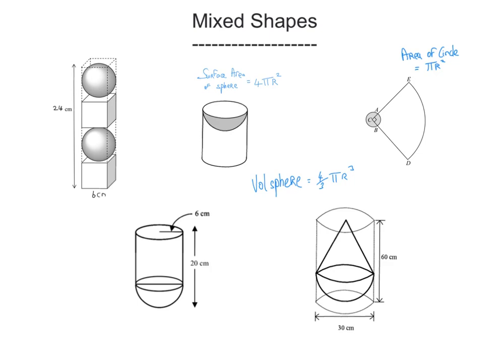So for example, in this shape here, it comprises 2 spheres, 2 cubes, and then a rectangular block or a cuboid. As this question only relates to volume, all you need to do is get the volume formula for a cube, a sphere, and a cuboid. And once you have those 3 formulas, then you can plug in the measurements, and you've already got most of the marks in that question.